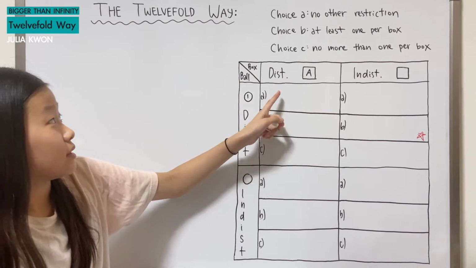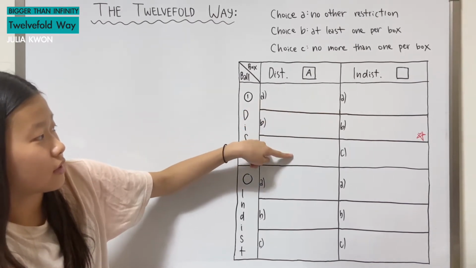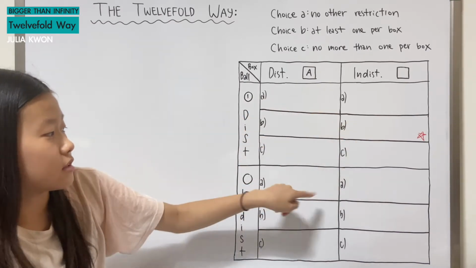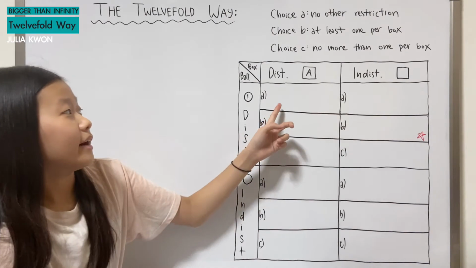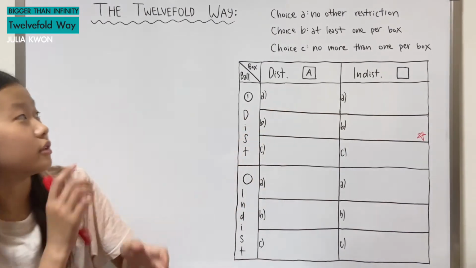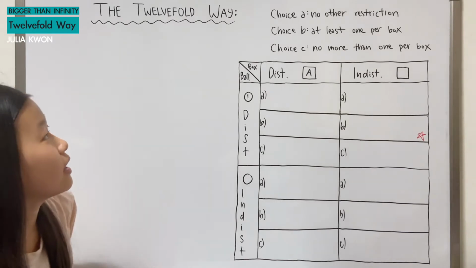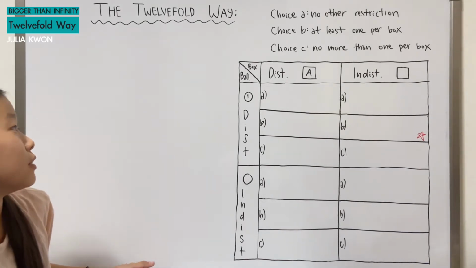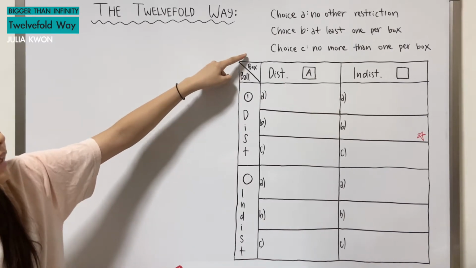So for example, for this, since we have 1, 2, 3, and we have 4 of these 3s, that's why there's 12. And in this box, what we're trying to solve for is, with no restrictions, in how many ways can we put n balls into k boxes?